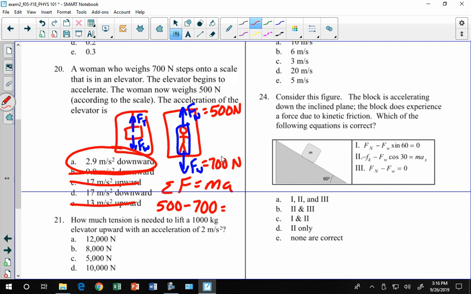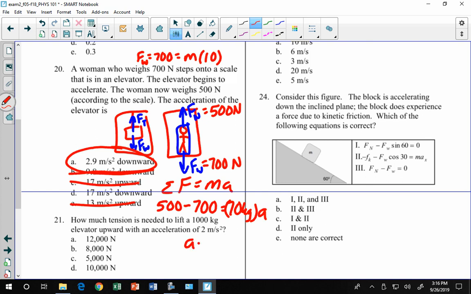Do y'all know the mass of this lady? Look, if F_W, the weight, is 700, that's equal to m times g, which is 10. So that means her mass is 70 kilograms times a, and then a is what I want to find.